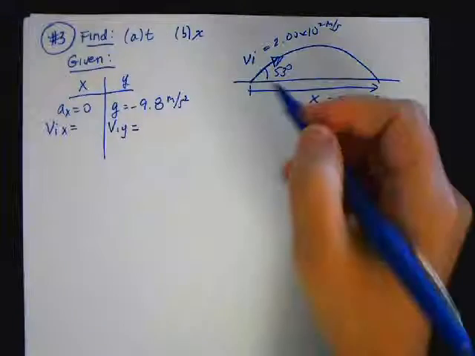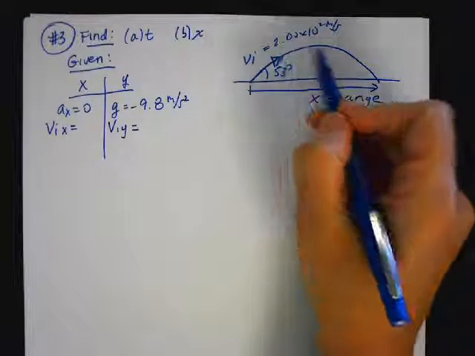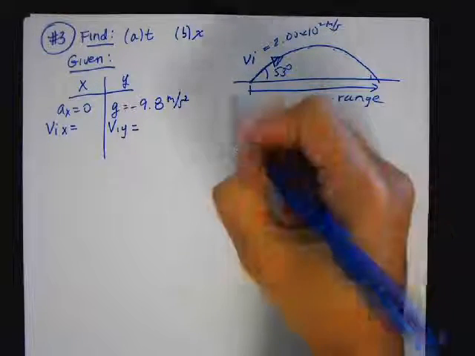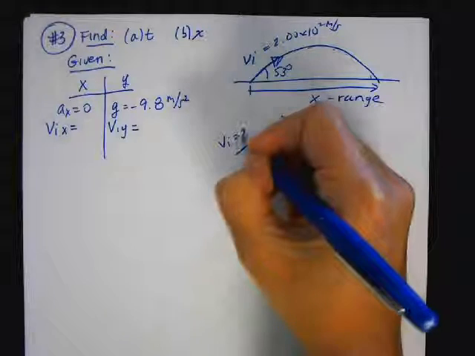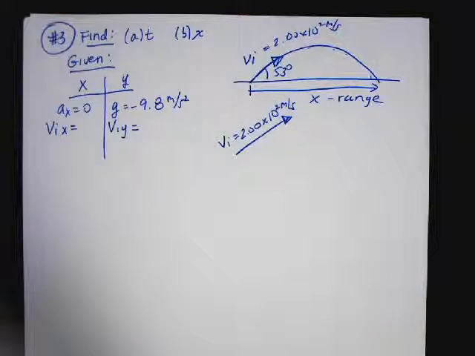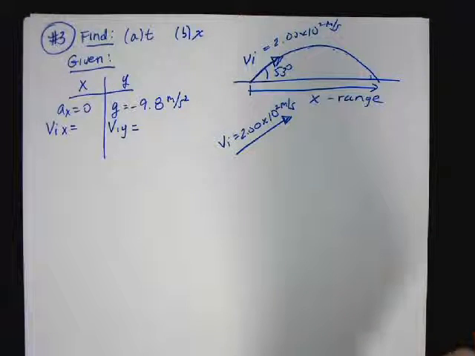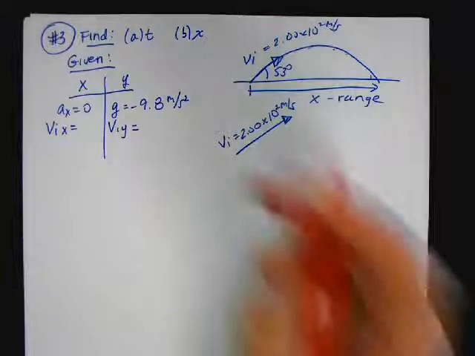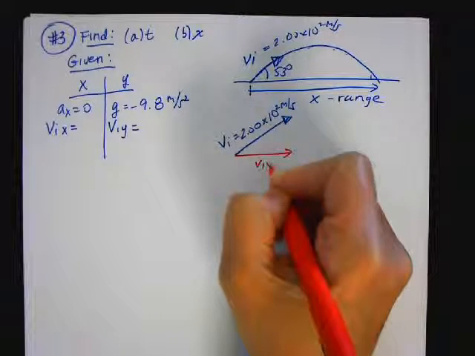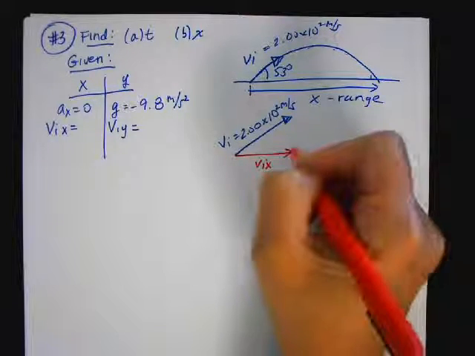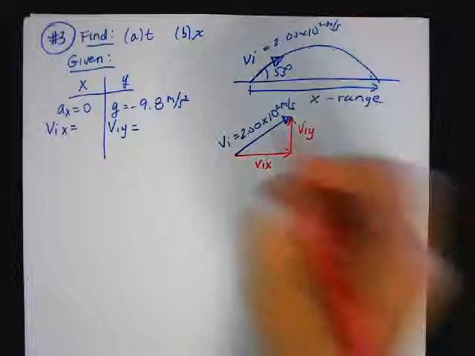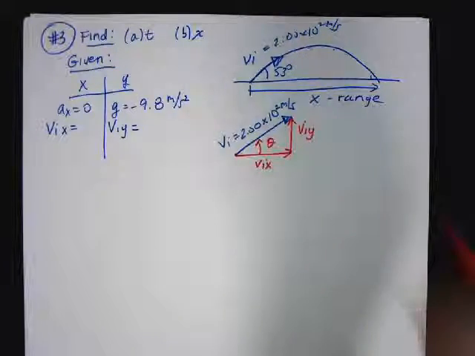So just to the side, remember this is the path, but to the side, that initial velocity, I'm going to write VI is equal to 2 times 10 to the 2 meters per second. And now, from where I start, this is going to be VIX. From the head of this vector, I'm going to do the tail of the other, and this is going to be VIY, and this angle here is theta.